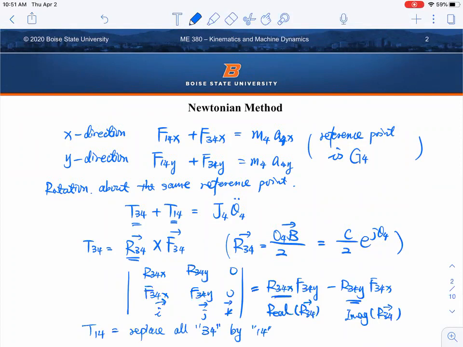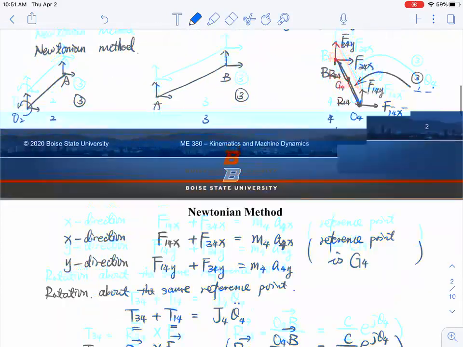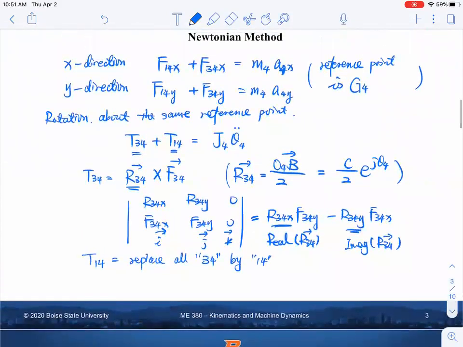You can see that actually generalized 4-bar linkage is even simpler because we have 3 identical equations similar to the previous 2 links. So any questions?